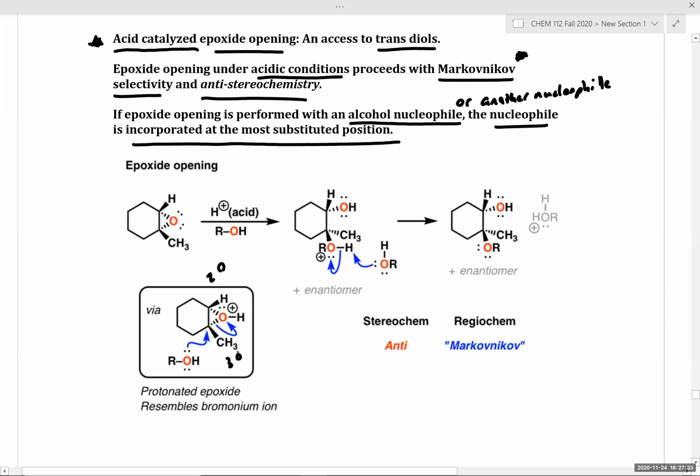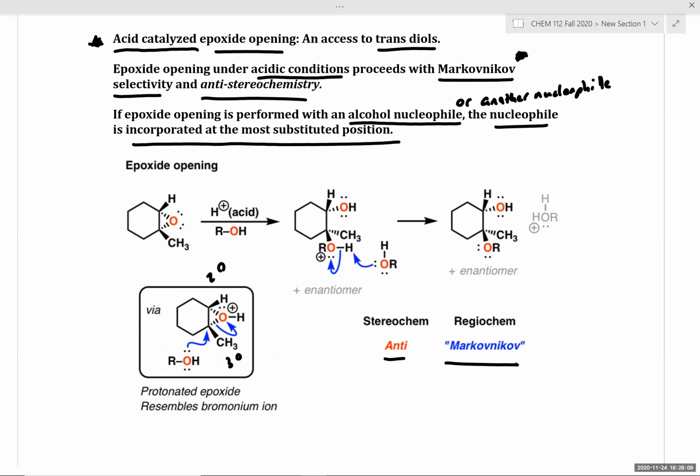So you can best think of this acid catalyzed epoxide opening mechanism as a counterpart to the bromoetherification mechanism that we talked about earlier on in this chapter. After we have attack of our alcohol, this attack occurs from the opposite face to our epoxide, and in the end, we end up with a product that has anti-stereochemistry, and the addition occurs with Markovnikov regiochemistry.